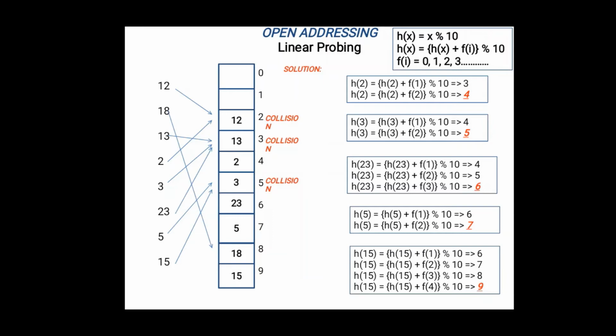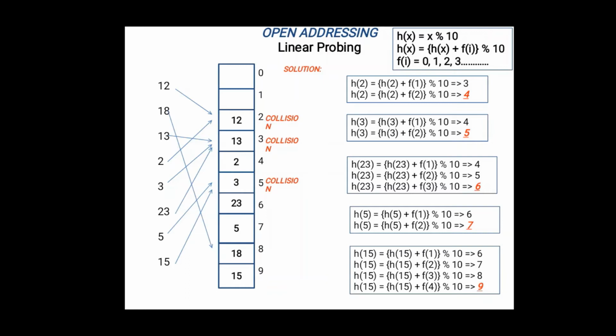So next, 5 mod 10 is 5. So there is a collision there, so we need to search for another slot. So h of 5 is equal to (h of 5 plus f of 1) mod 10, which is 6.